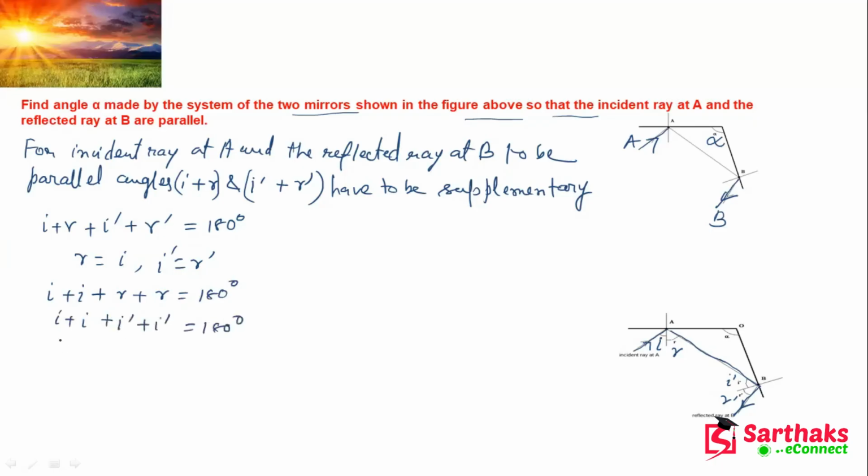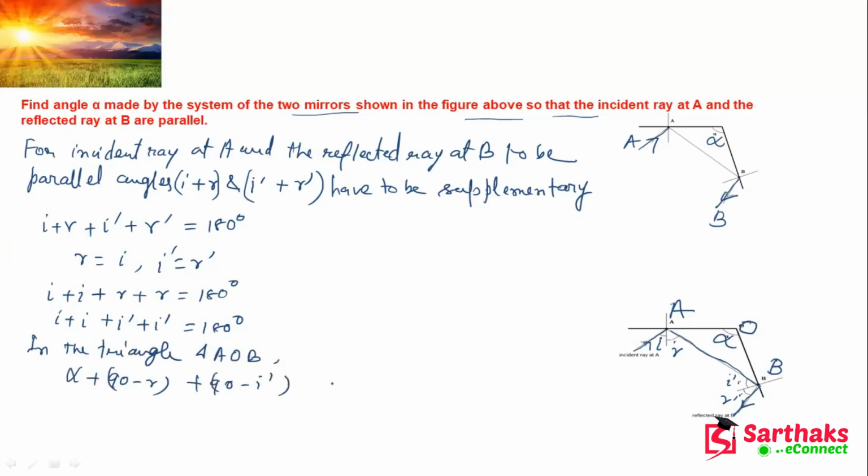So in triangle AOB, this is your alpha, this is our O, this is our A, and this is our B. In the triangle AOB, we have alpha plus 90 degrees minus R plus 90 degrees minus I prime equals 180 degrees. So alpha equals R plus I prime, or I plus I prime, which equals 90 degrees.